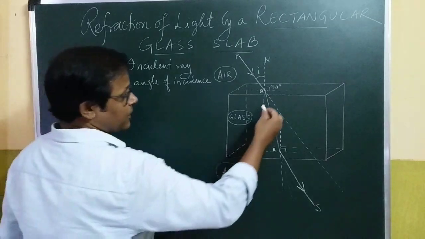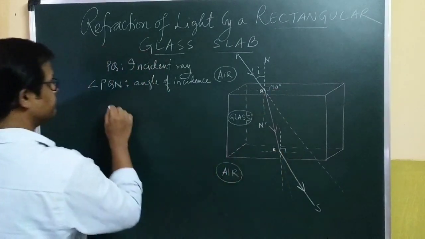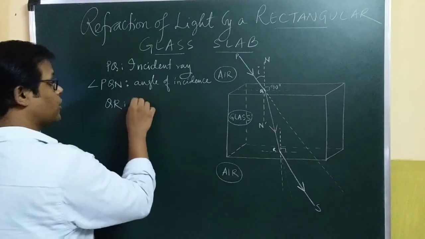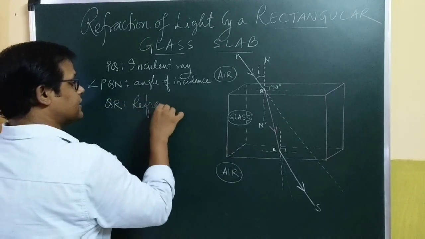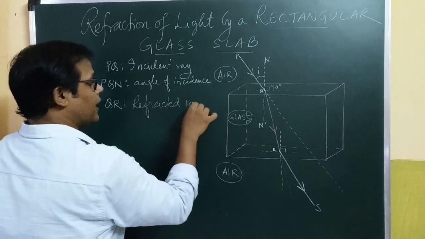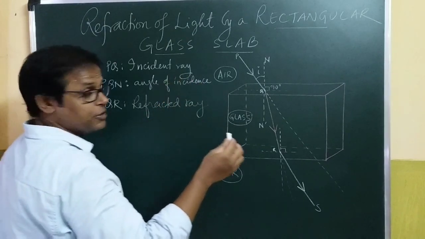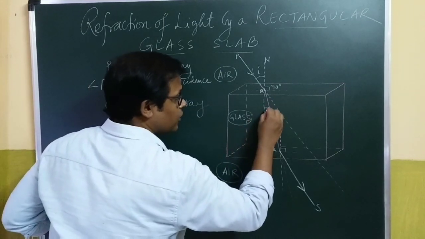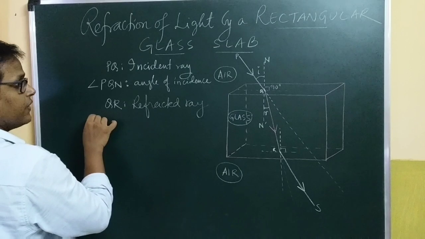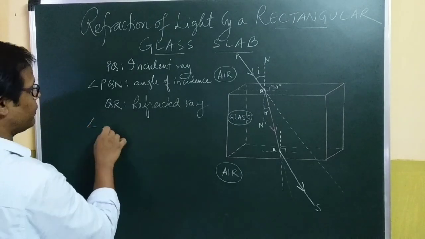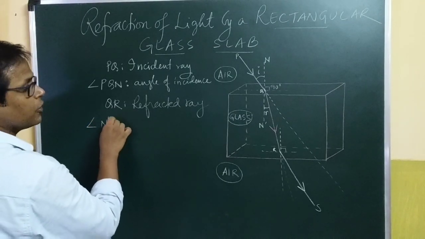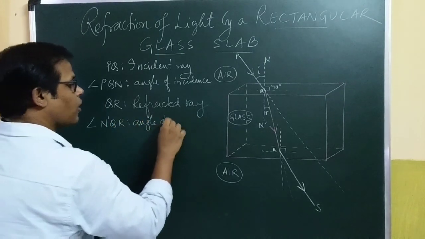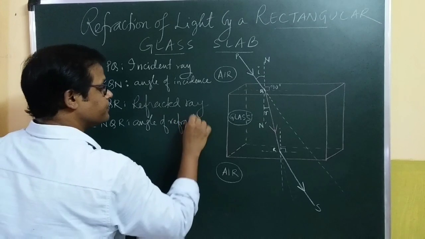Now this ray of light passing from Q to R, the ray of light QR, my dear, should be called as a refracted ray of light. The angle between the normal and the refracted ray should be called as angle of refraction. So in terms of geometrical language, angle M prime QR should be called as angle of refraction.